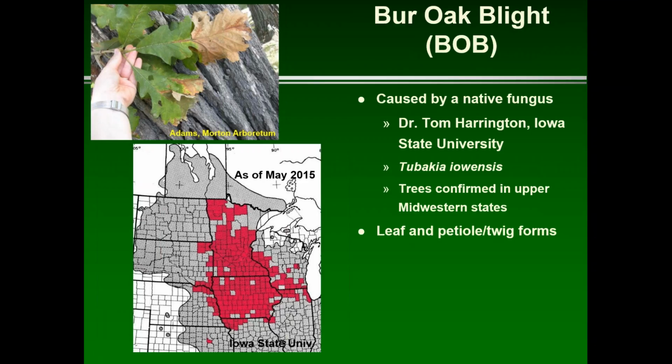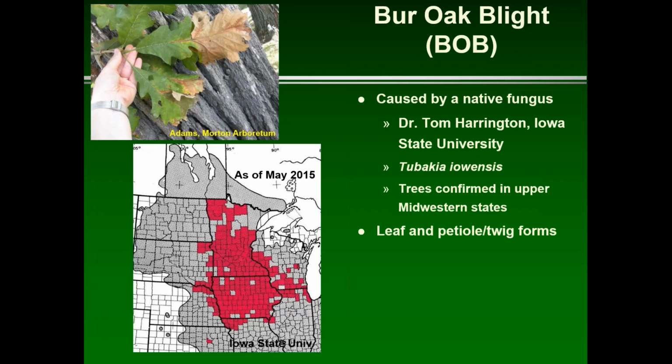This disease has two forms, and this is fairly recent to me. I attended the Shade Tree Short Course up in Minnesota in the middle of March and heard Dr. Harrington give an update on this disease. We'll talk about this a little bit later, but there are leaf and petiole twig forms of this disease.